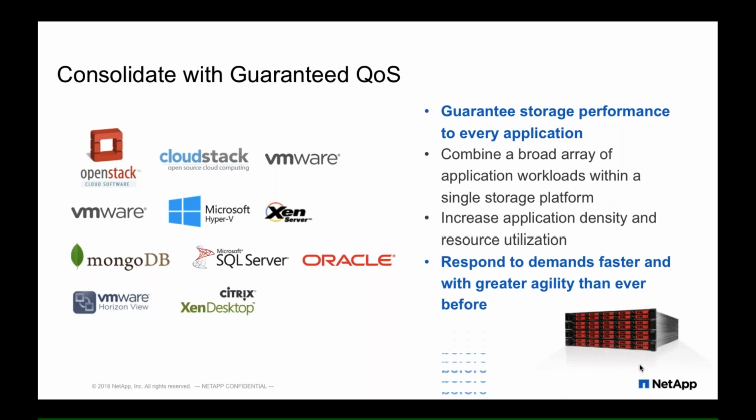So the intention of this is that now I can guarantee my quality of service to any of the workloads I put on this, including VDI, but I could also put database workloads on the same platform and guarantee I'm going to have performance to every application I put on the array, whether or not it's single task or multitask. And the ability to respond is even greater than ever, and it's a need for the next generation data center.